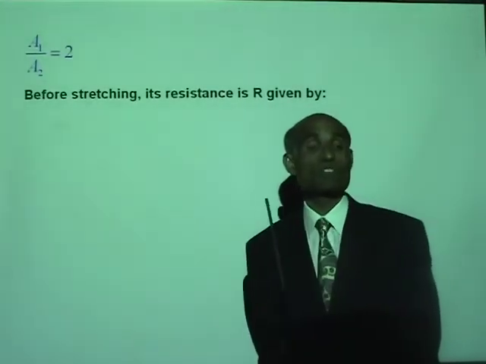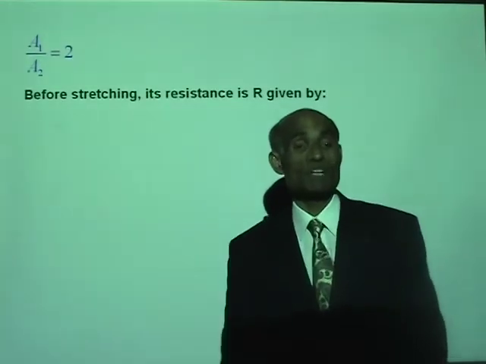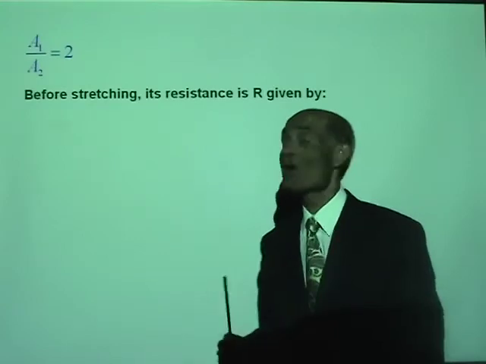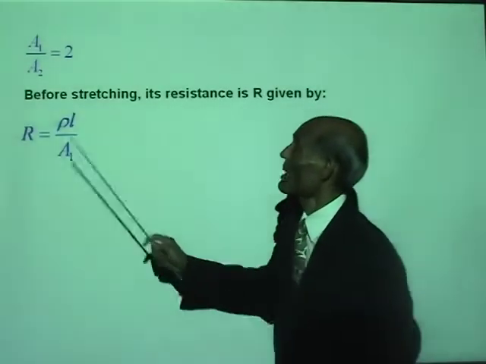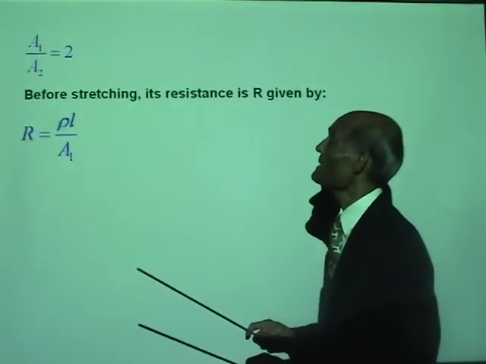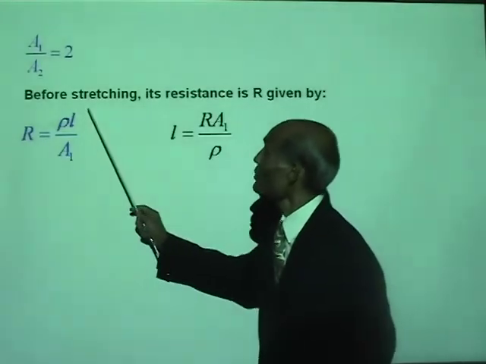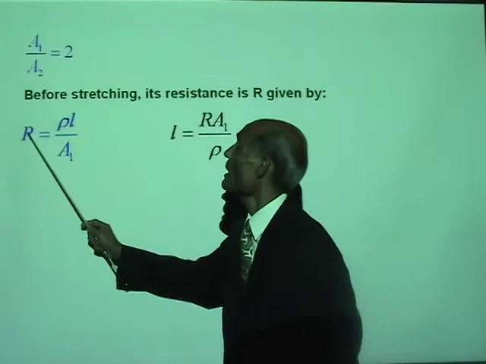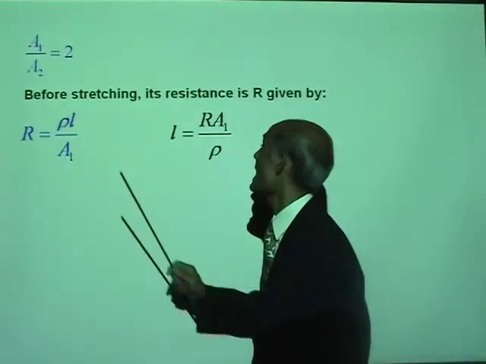Before stretching, its resistance is R. Can you write an equation for R before stretching? R equal to rho L over A. There you are. Rho L over A. And solve for L from there. L equal to R A1 divided by rho.